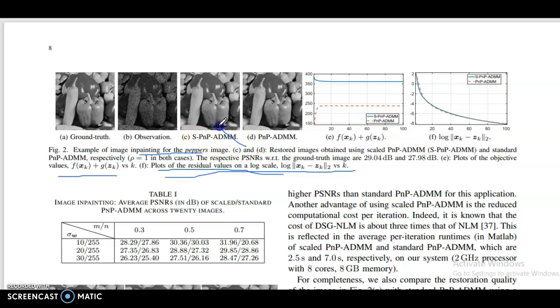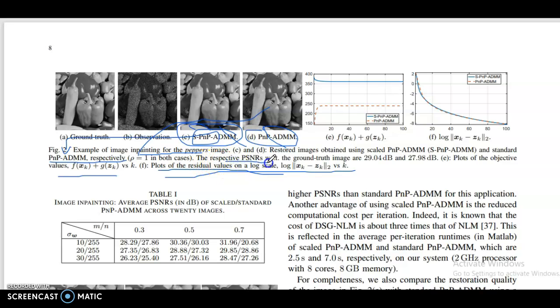C and D are images obtained using scaled PnP-ADMM and standard PnP-ADMM respectively, with rho equal to 1 for both cases.